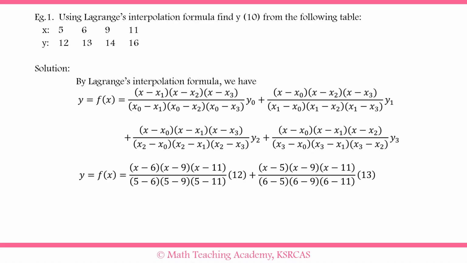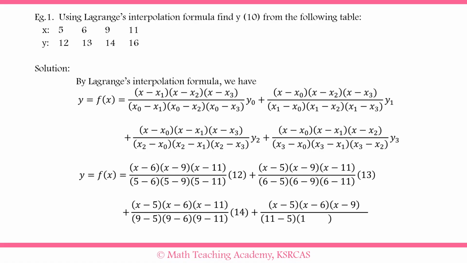So y equal to f of x equal to (x minus 6)(x minus 9)(x minus 11) divided by (5 minus 6)(5 minus 9)(5 minus 11) into 12, plus (x minus 5)(x minus 9)(x minus 11) divided by (6 minus 5)(6 minus 9)(6 minus 11) into 13, plus (x minus 5)(x minus 6)(x minus 11) divided by (9 minus 5)(9 minus 6)(9 minus 11) into 14, plus the last term (x minus 5)(x minus 6)(x minus 9) divided by (11 minus 5)(11 minus 6)(11 minus 9) into 16.